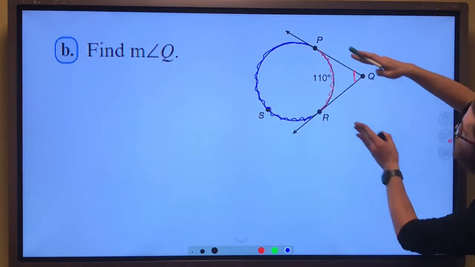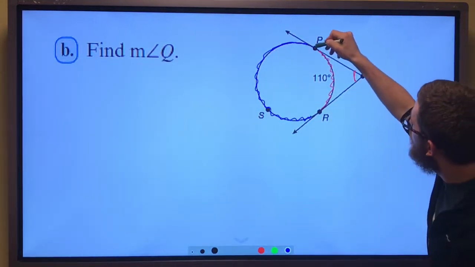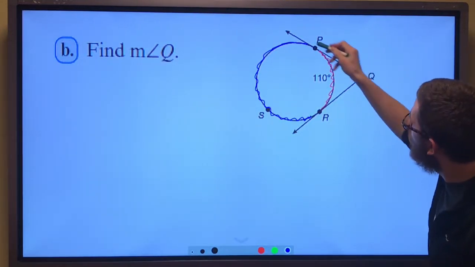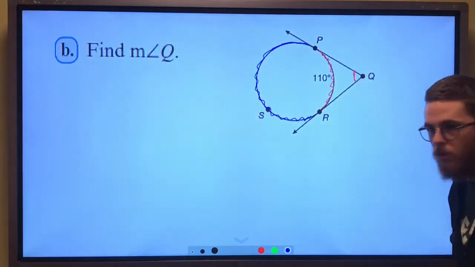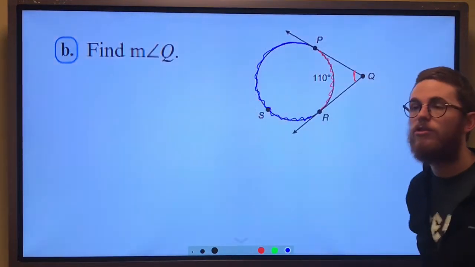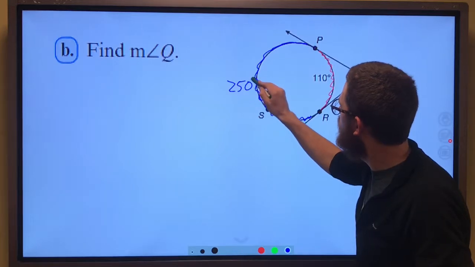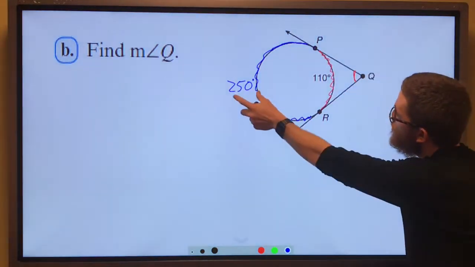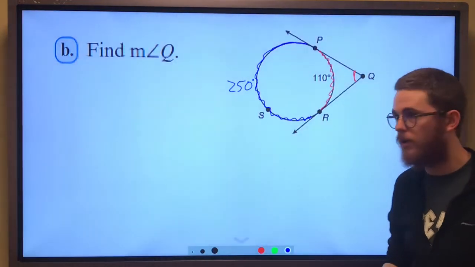Notice it's formed by two tangents, and so P is separating this arc with the rest. R is separating the arc with the rest of the circle. So if this is 110 degrees, the rest of the circle would have to be 250 degrees. 250 plus 110 add to give us our entire circle, 360 degrees.